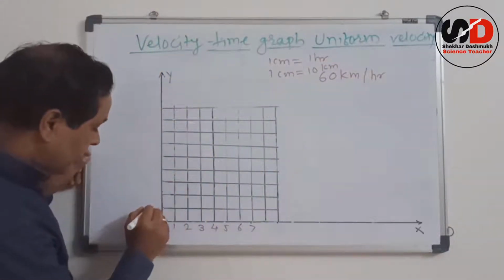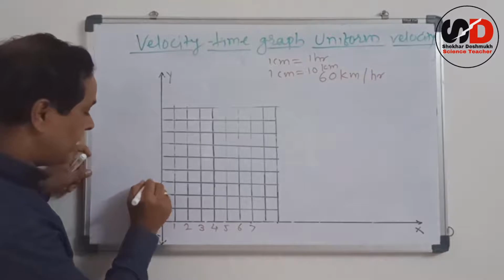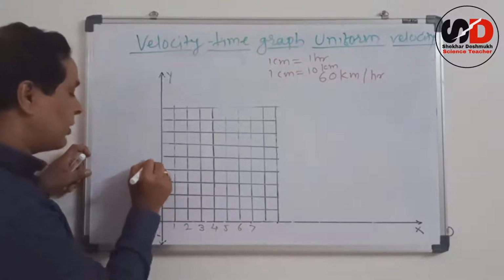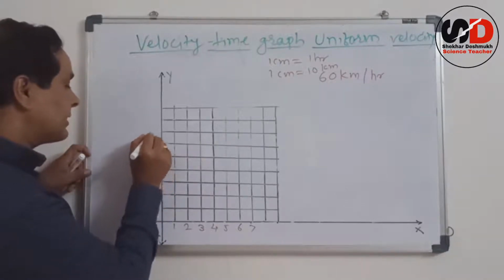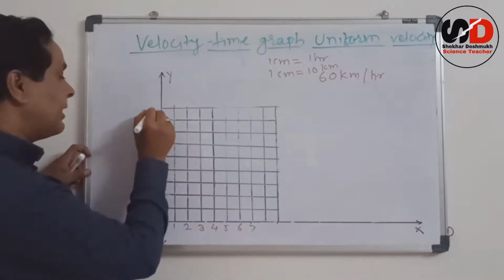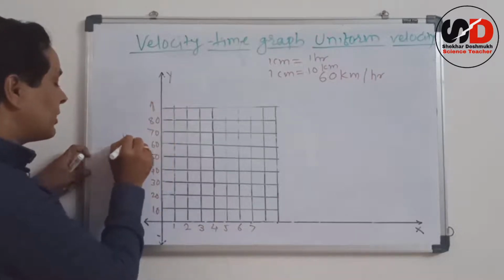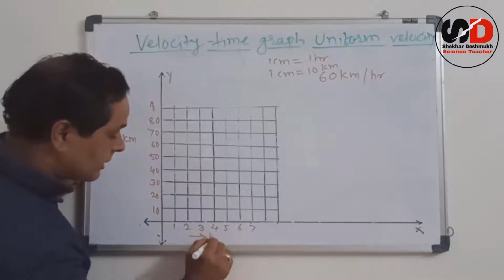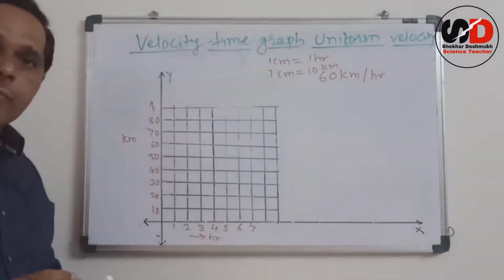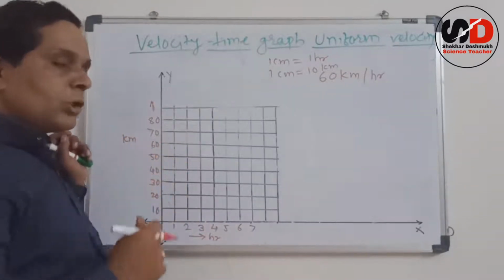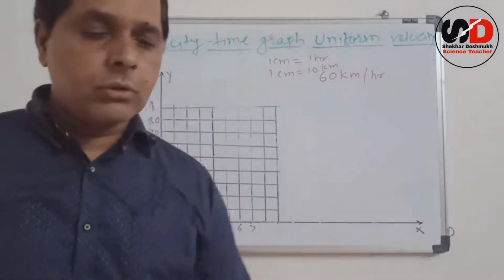So the readings are 10, 20, 30, 40, 50, 60, 70, 80. So these are in kilometers and these are in hours, time. So draw the graph. The graph is given in the book.